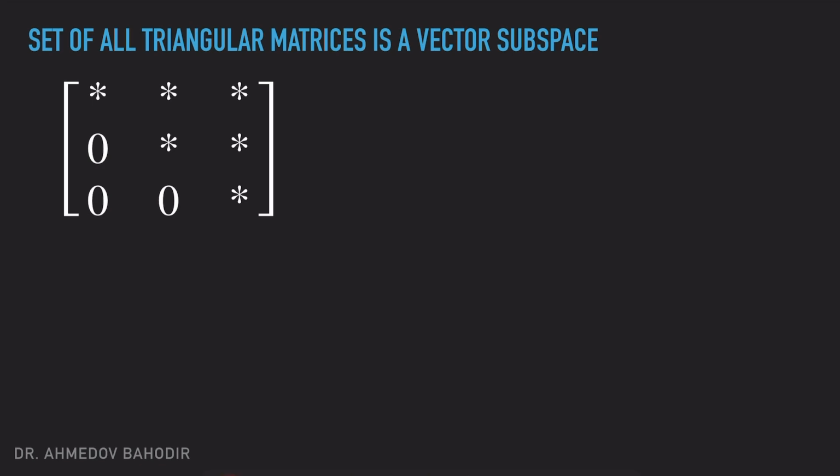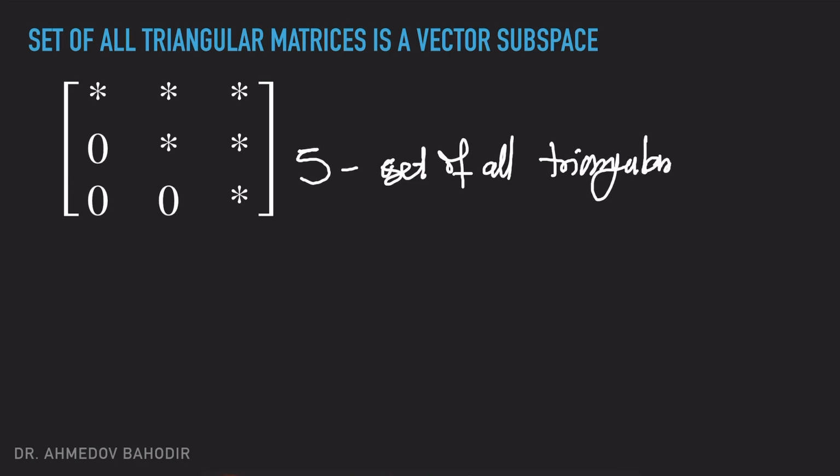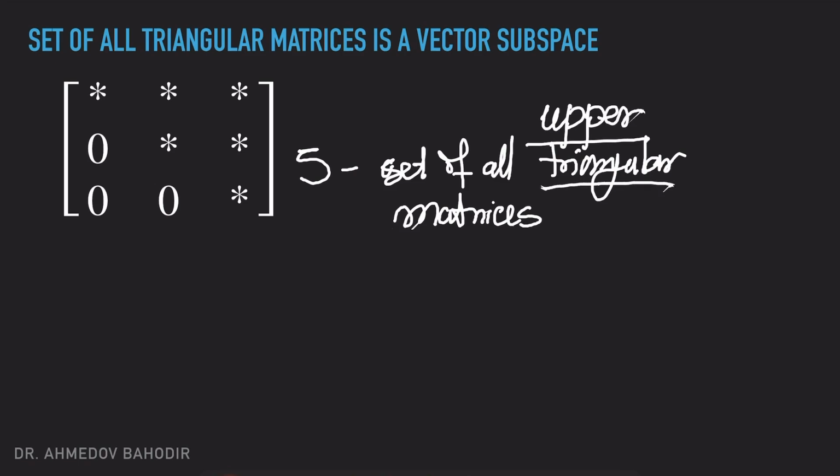Let's define the subspace as the set of all upper triangular matrices, and this is again an example of a vector subspace.